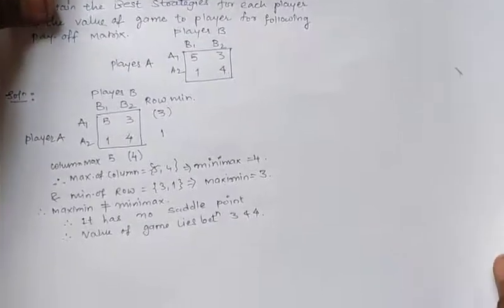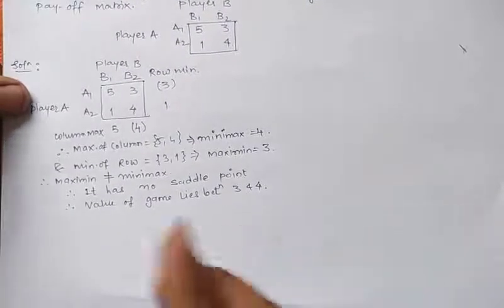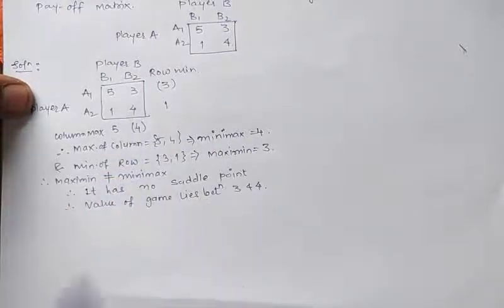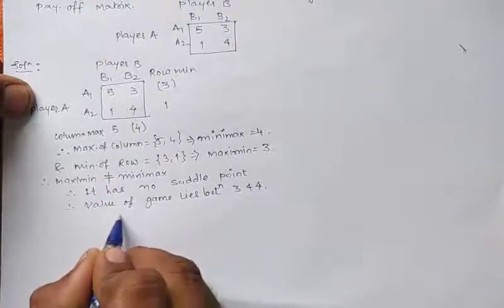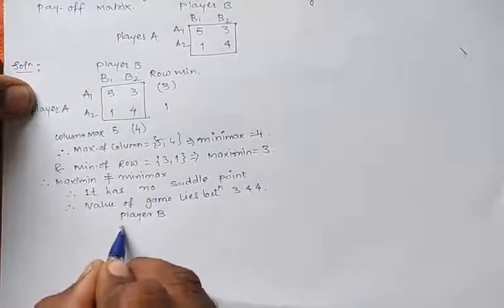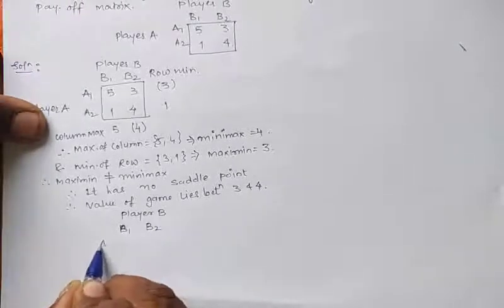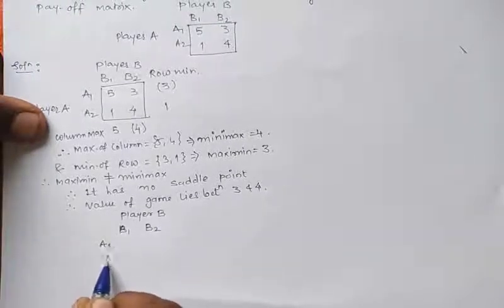Now we will use the arithmetic method. Let's see what the arithmetic method is. First write down the given payoff matrix. Here player B has strategies B1 and B2, and player A has strategies A1, A2.